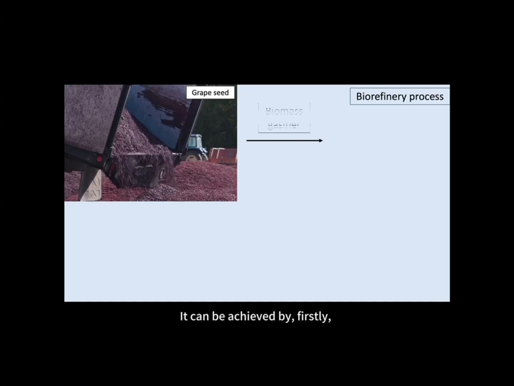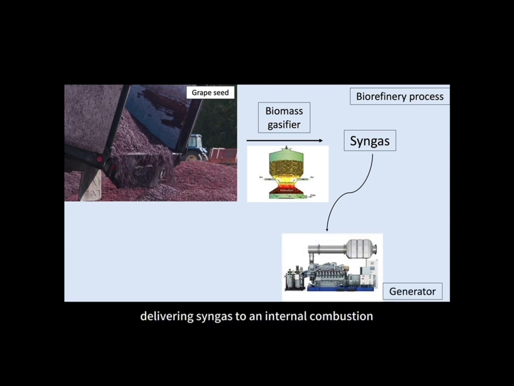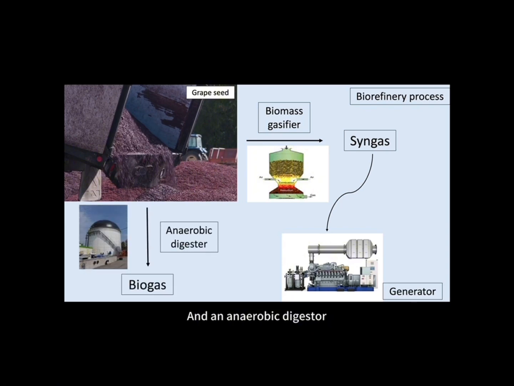It can be achieved by, firstly, converting grape residue to syngas through a biomass gasifier, and secondly, delivering the syngas to an internal combustion engine to drive a generator, and an anaerobic digester generating biogas that is delivered to an internal combustion engine to drive a generator.